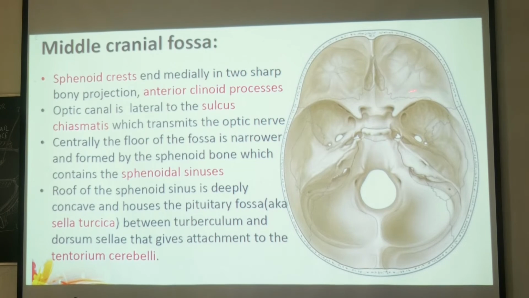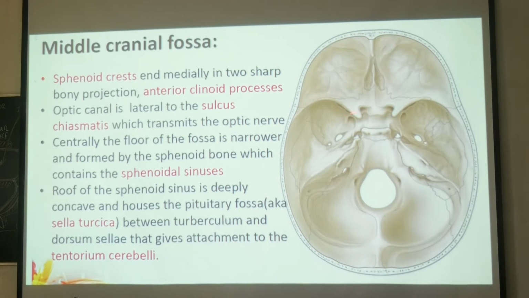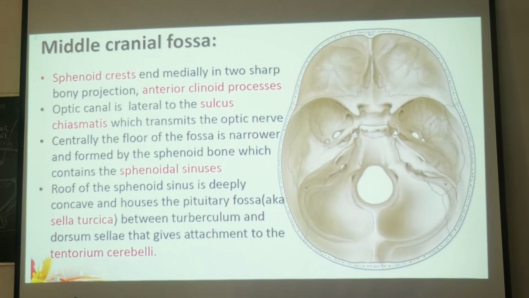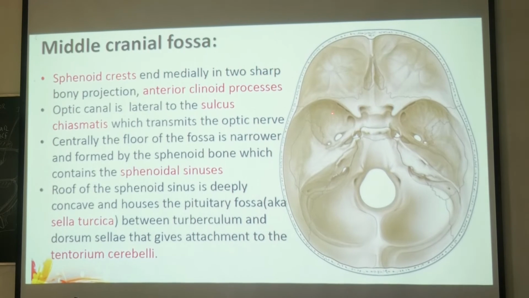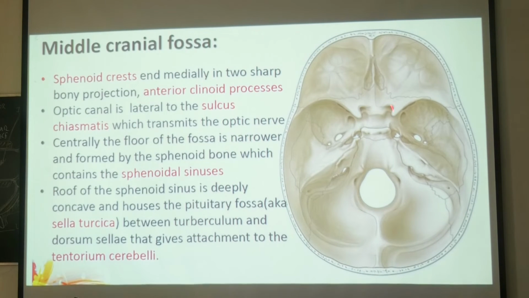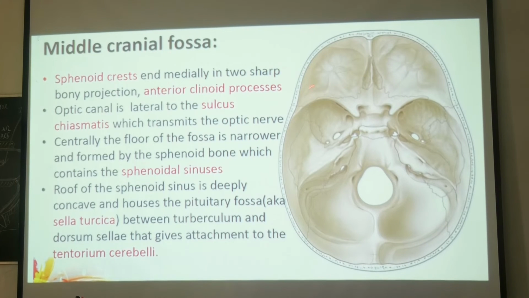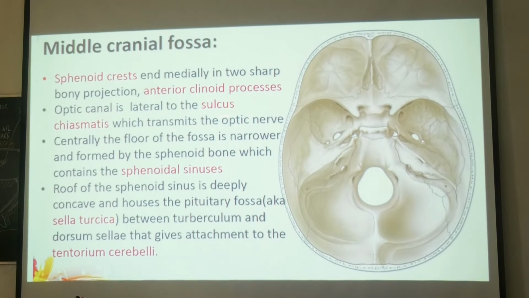Here lies the optic chiasma. This sulcus is known as the sulcus chiasmaticus. And here these foramina are the optic canals. Via the optic canal the optic nerve passes from the orbit and enters into the brain.